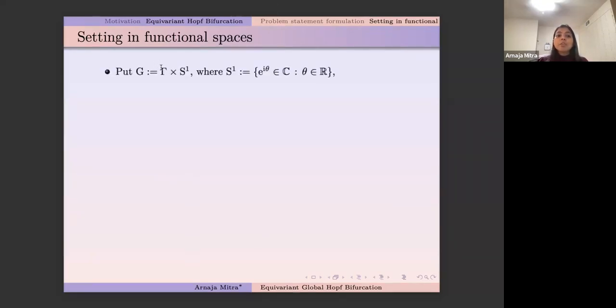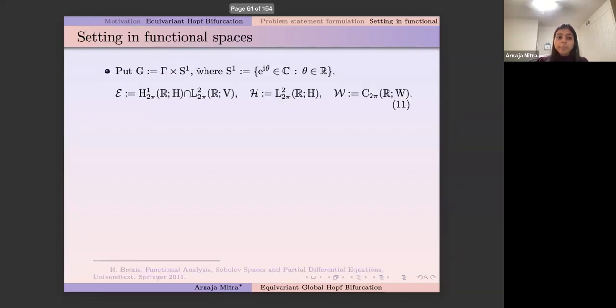First of all, our group of symmetry is gamma. So our group is gamma times S1. And then we change all our spaces, the H, V, and W, to functional spaces. Here H1 of 2 pi is the Sobolev space, and L is denoting the Lp spaces.